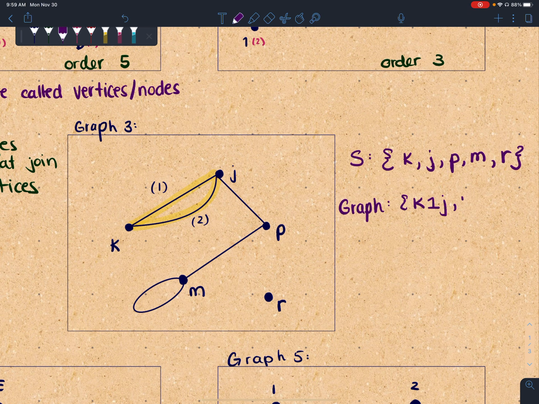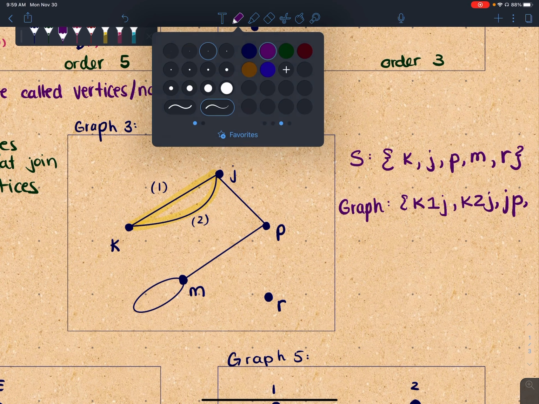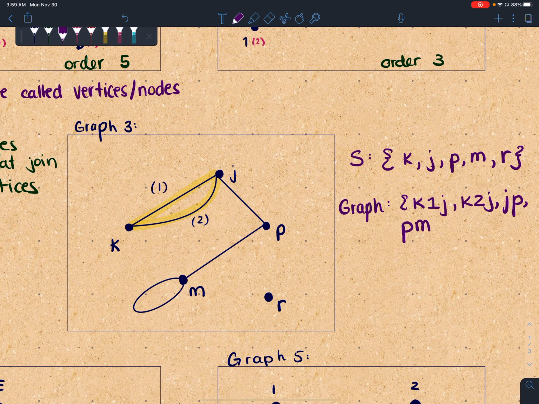K2J, which means I'm describing this edge instead, going from K to J using number 2. We have JP, we have PM. So that describes this is JP, this is PM.